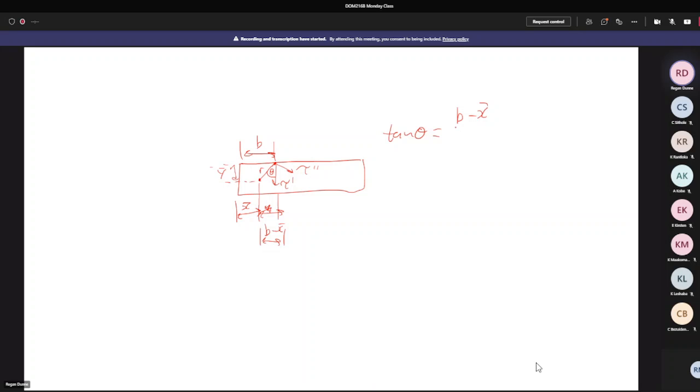Tan theta will be b minus x over y bar. Now you can either calculate this angle or this angle here. If we calculate this angle, it's going to be the same as, if I'm not mistaken, this angle here. Just have to double check me there. Because this angle here, let's call this alpha. This is the same as this angle there.